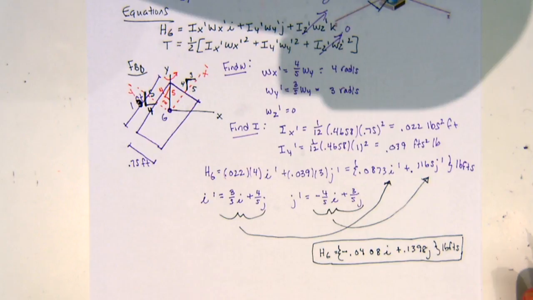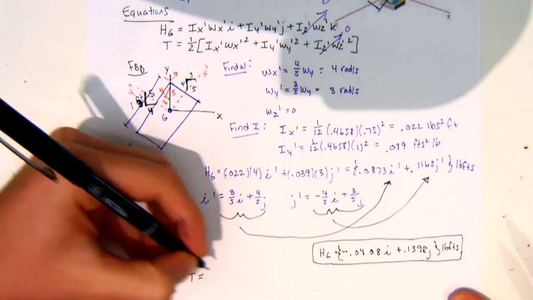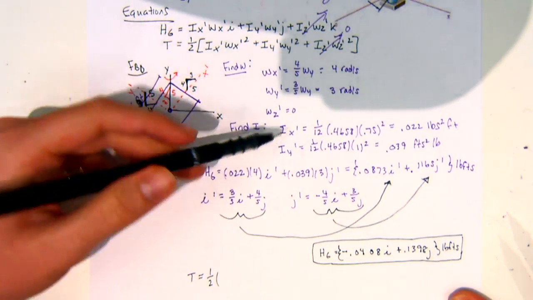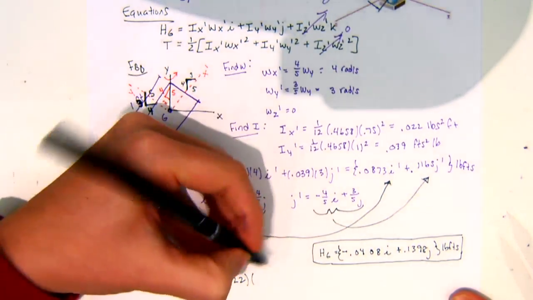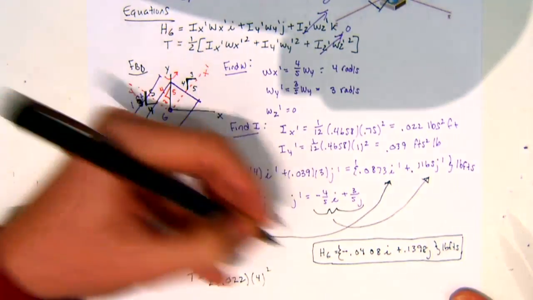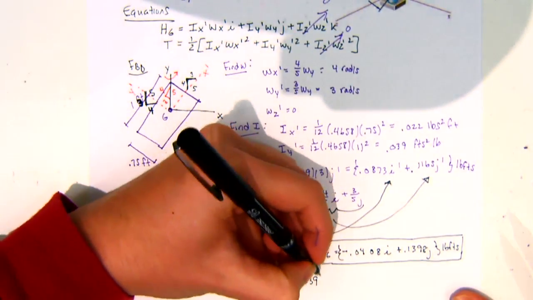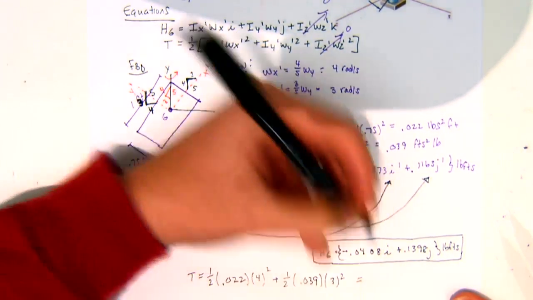And then I apparently forgot to do the kinetic energy for this one, but all you have to do for that is just plug it back into the one equation. So I don't have an answer for that, but T will just equal 1/2 times your Ix prime, which was 0.022, times your omega x prime, which was 4, that's squared, plus 1/2 times 0.039 times omega y prime, which is 3 squared.